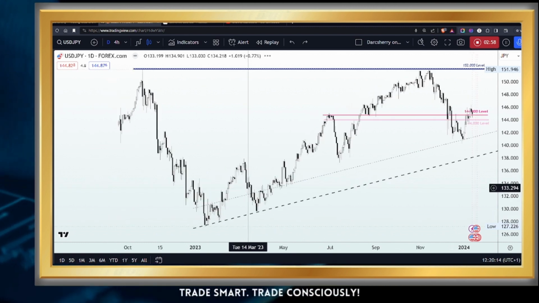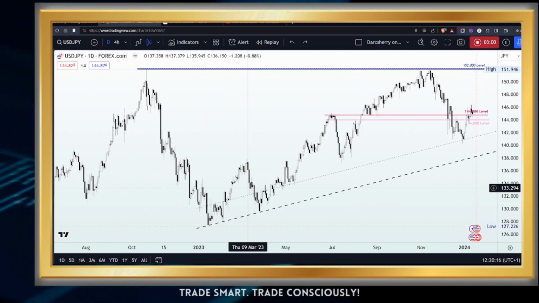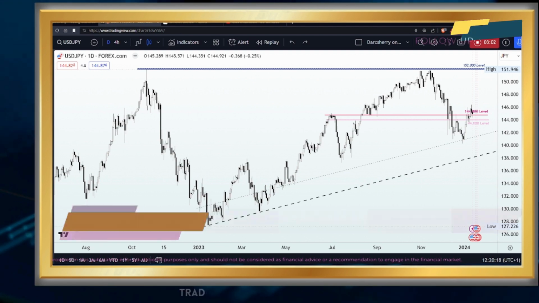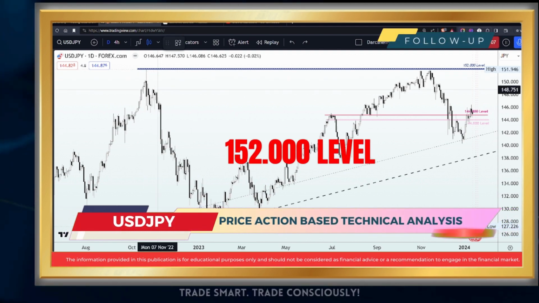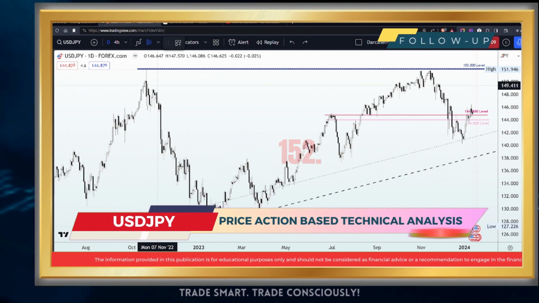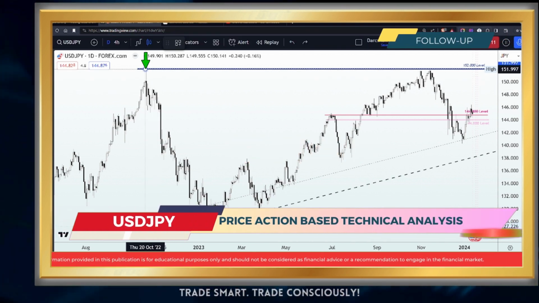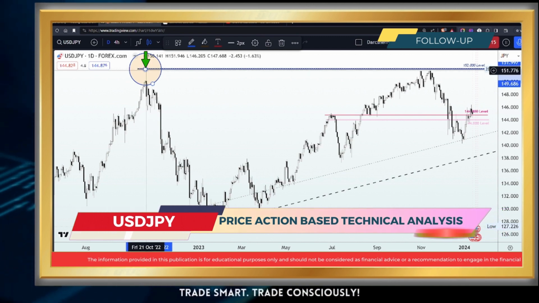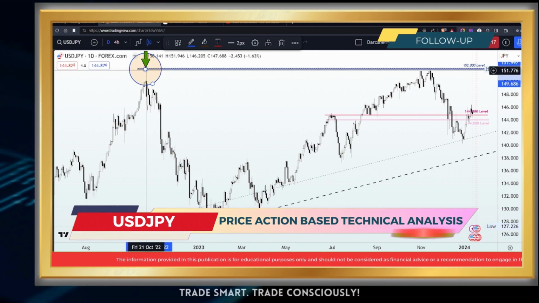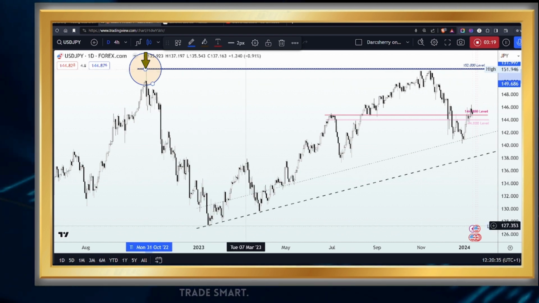Then in addition to this trend line, we want to acknowledge the fact that price action hit an astronomical high at the 152.00 level, which happens to be the second time in the last 1 year, 3 months, as you will see here during the month of October of the year 2022. We saw how price tested the 152.00 level.